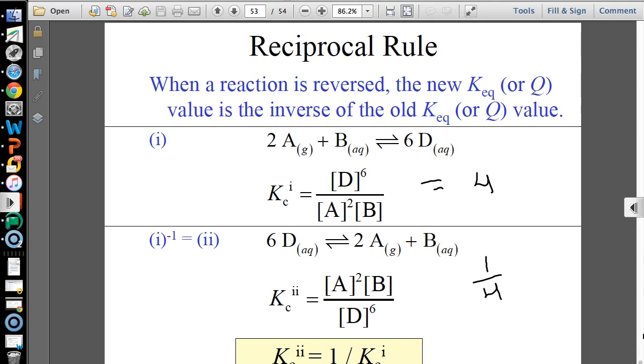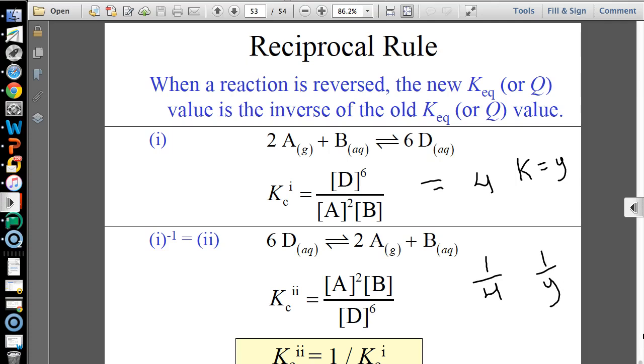You could redo this expression and plug in all the numbers, or you could just know that when it's reversed, it's 1/4. On your test on Friday, because you don't get a calculator on the multiple choice, it'll say K is equal to Y, and then it'll have all the stuff reversed. K is equal to 1/Y now.